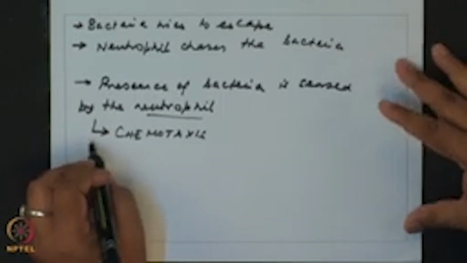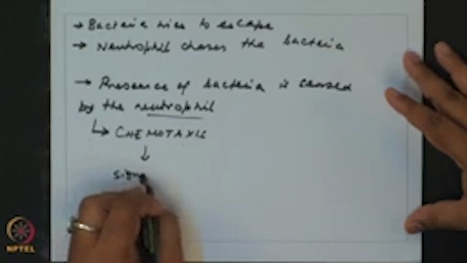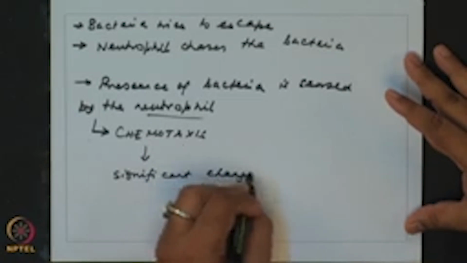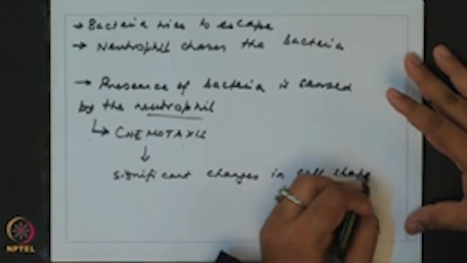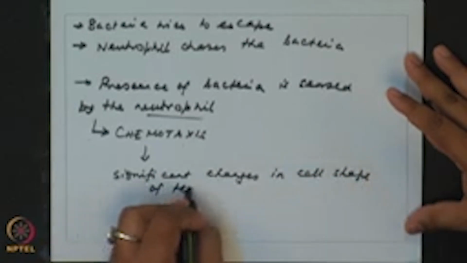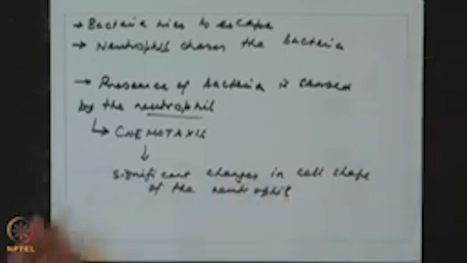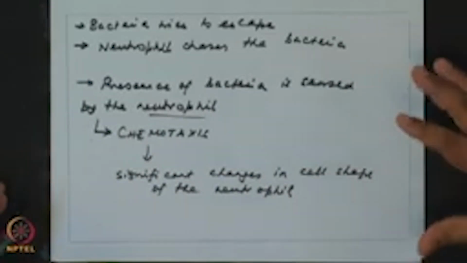And this chemotaxis involves significant changes in cell shape of the neutrophil. So, there is a lot of dynamics or mechanics at play which is participating in the biological process as well.